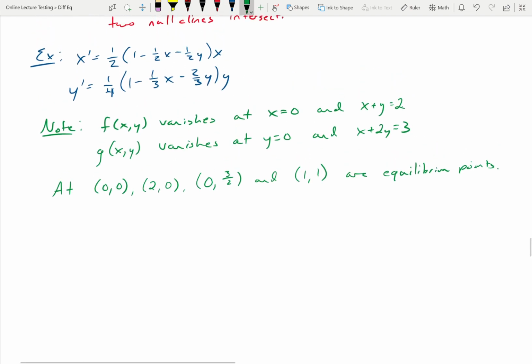So our null clines have been identified as x is equal to 0, y is equal to 0, and then these two linear equations. So let's graph that. All right. So I'm going to try to do these in black. So x is equal to 0 is a vertical line. All right. So there's one of our null clines. y is equal to 0 is a horizontal line here.